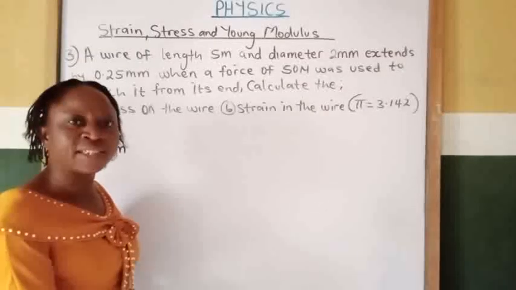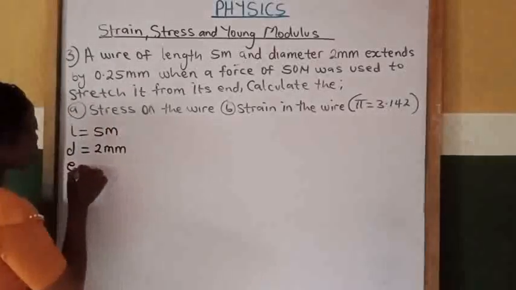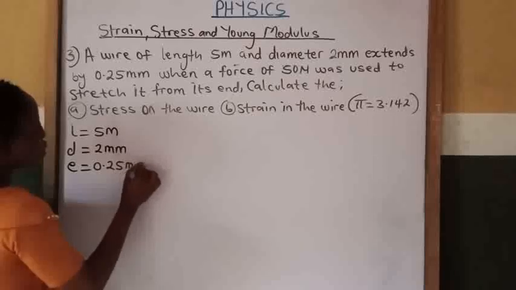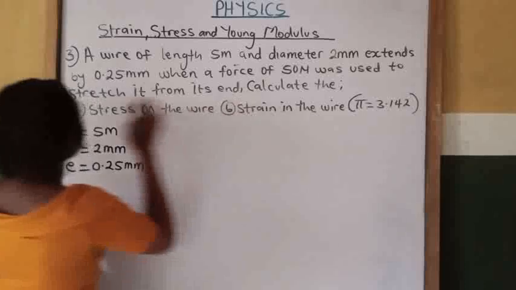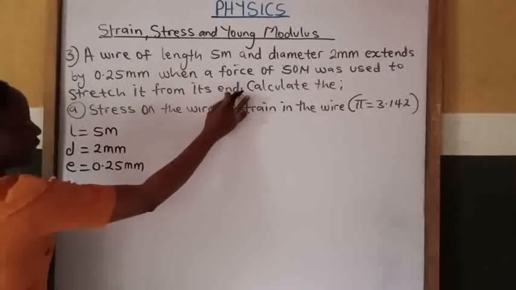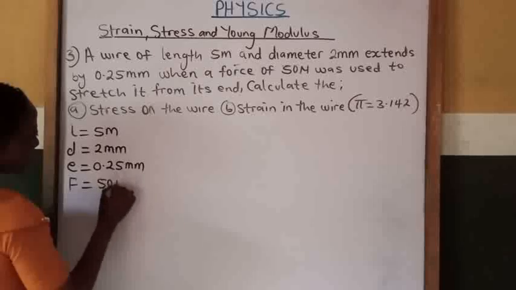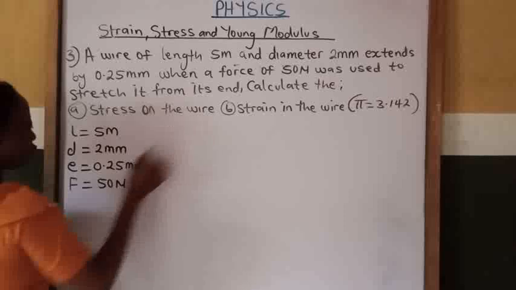Then increase in length is equivalent to extension. So therefore, extension equal to 0.25 millimeter, when a force of 50 Newton was used to stretch it from its end. So force equal to 50 Newton.